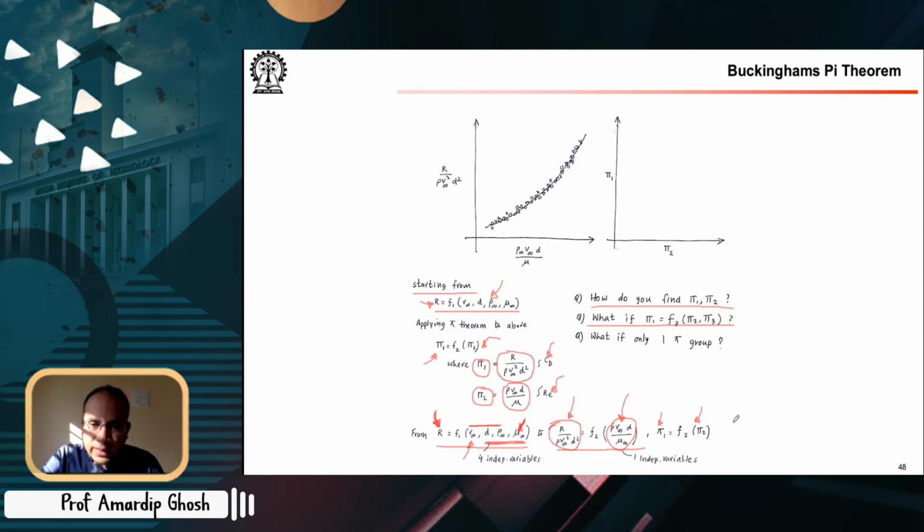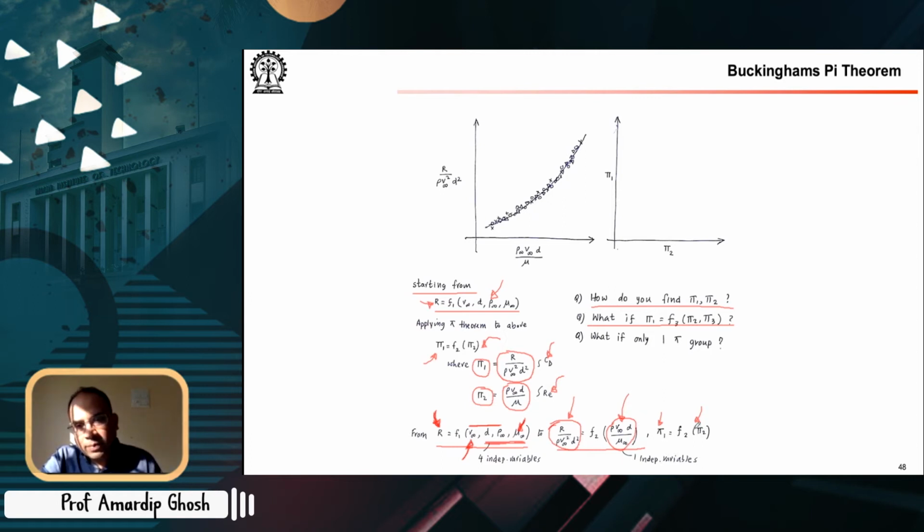So nonetheless, for this particular problem, the drag versus this, we see that it is possible to go from this problem of 5 variables, 4 independent variables, 1 dependent variable, to a problem where you have 1 independent variable and 1 dependent variable.